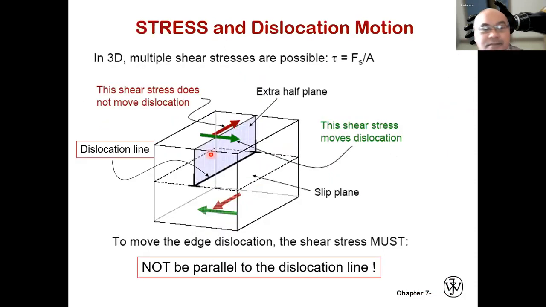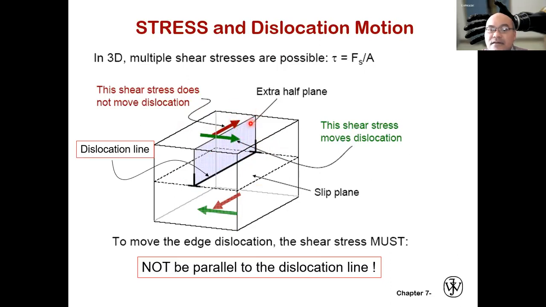So in 3 dimensions, multiple shear stresses are possible, not only one single shear stress. Yeah? For example, here we have the dislocation line. If we apply shear stress along this dislocation line, then it will not move the dislocation.